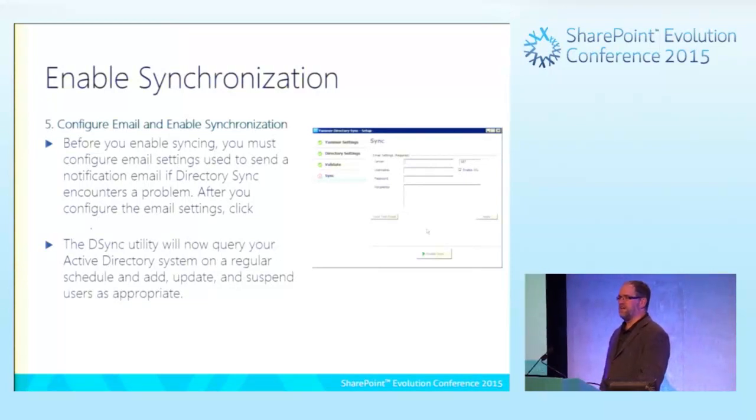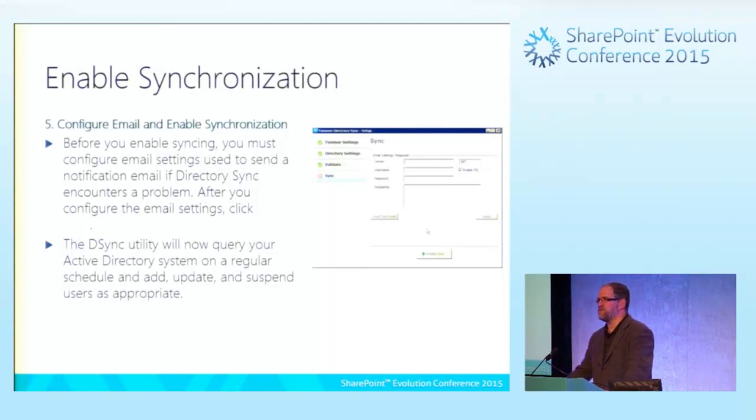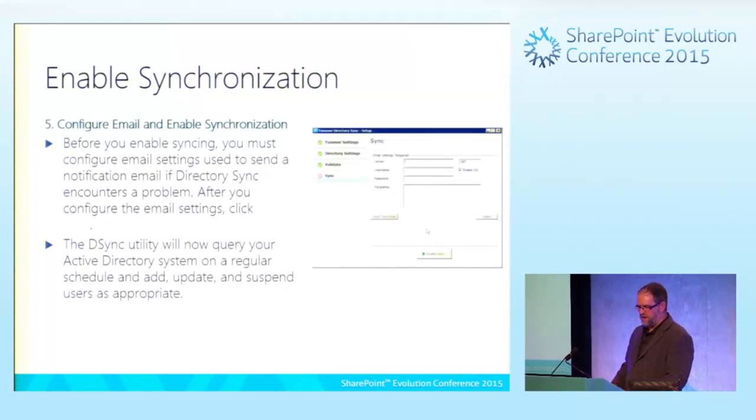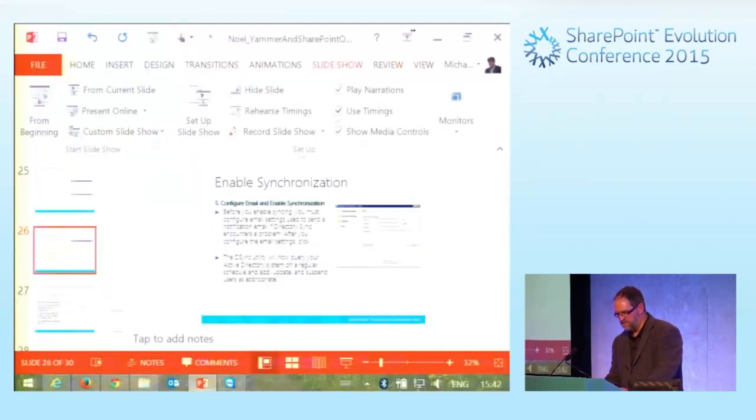You can just use Microsoft's SMTP servers up on Outlook.com, for example, if you have an account up there, so that you can send it using whatever your Hotmail credentials are, or whatever SMTP server you have access to, or of course an internal SMTP server would be better from a high availability perspective. But it'll go through then at that point and start to query Active Directory on a regular basis to synchronize.